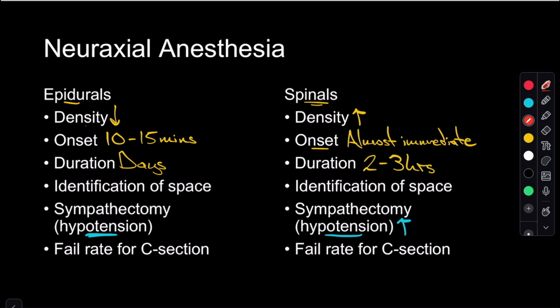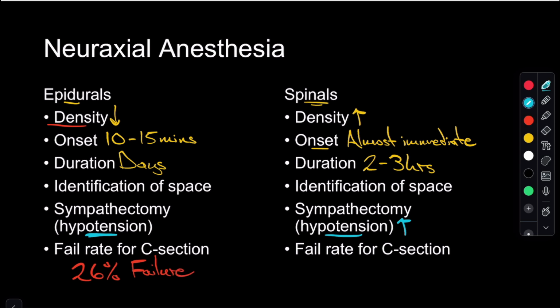I thought one good point to add would be comparing the fail rate of C-section. So, like we talked about with the density of epidurals, they can be updosed to facilitate a C-section. And when you do that, you have about a 26% failure rate, according to a study published by the ASA, of being able to perform a C-section with just an updosed epidural.